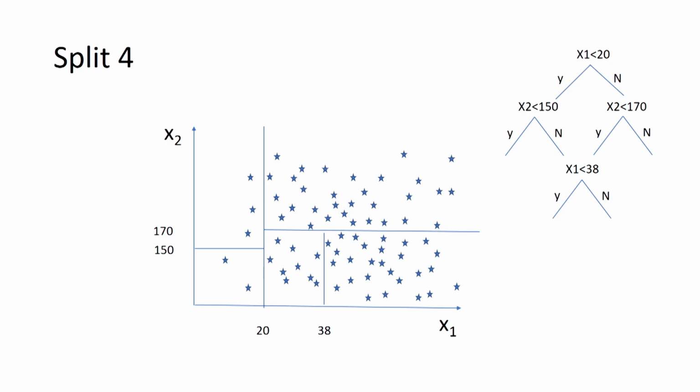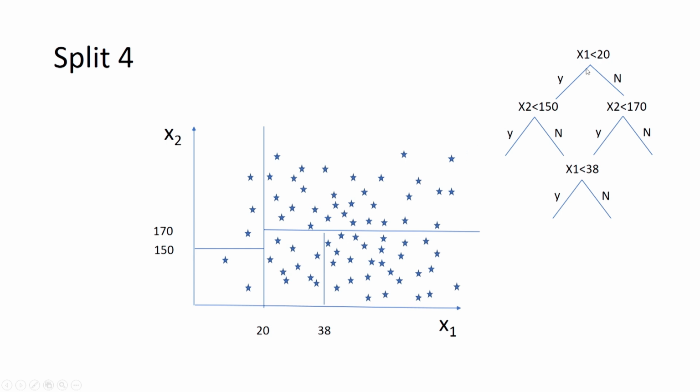Suppose you have any new data point. Suppose that new data point is here. How can we predict the response variable value of that data point? Since that point belongs to this group, how will we find that out?